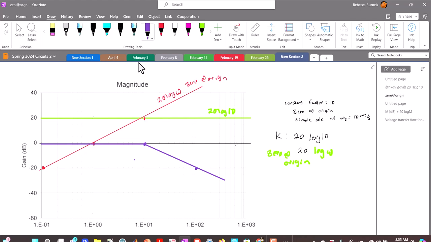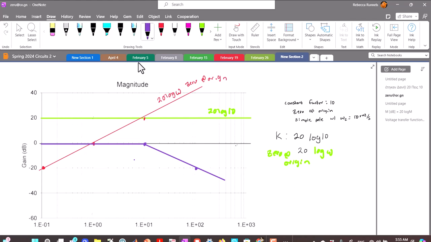Okay, and then our final plot is going to be all of these added together. So when we think about adding these together, let's look at the segments. So from 0.1 to 10, I have a line at 0 that's not going to do anything. I have a line at 20, that's a constant of 20.